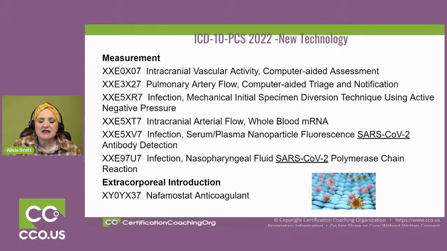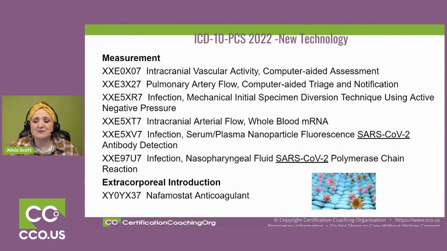The technology does measurements: intracranial vascular activity, pulmonary artery flow, infection, mechanical initial specimen diversion technique. Let's see, instead of vascular flow for intracranial, we have arterial flow, serum plasma, nanoparticle, wow, right?